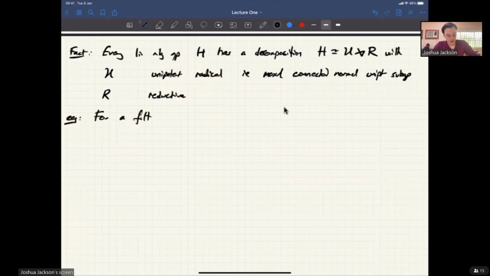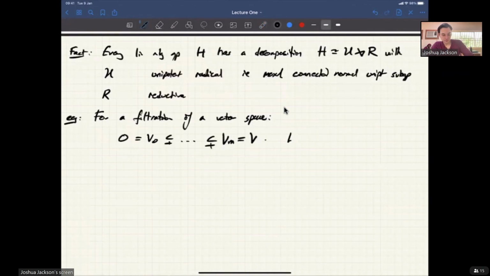Let's say we have a filtration of a vector space, looking like this. Then we can define P inside GL_n to be the parabolic group preserving this filtration.